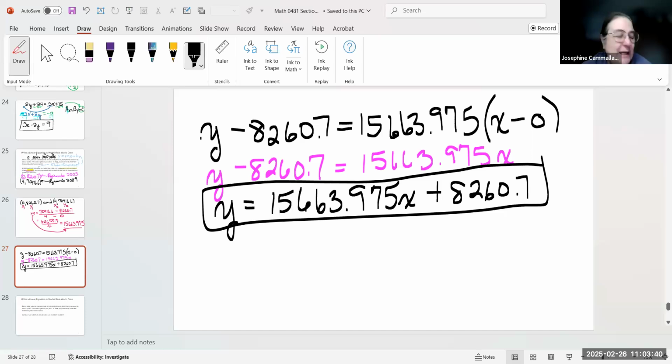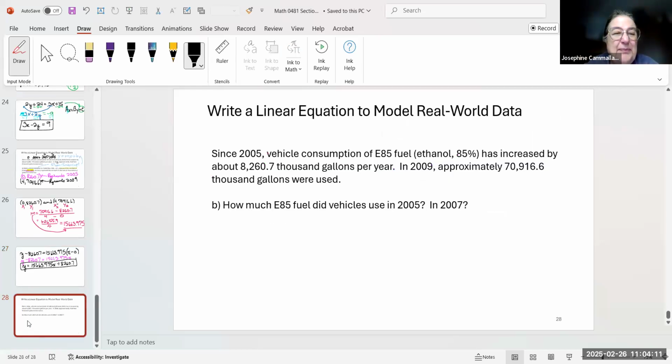Now, why do I need that equation? Well, I got to finish the problem.